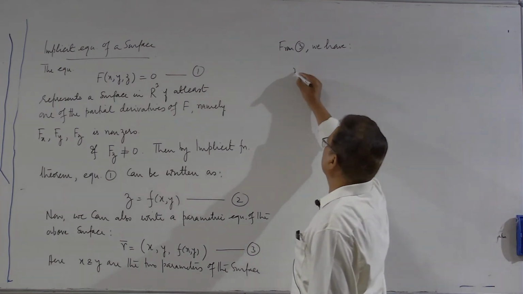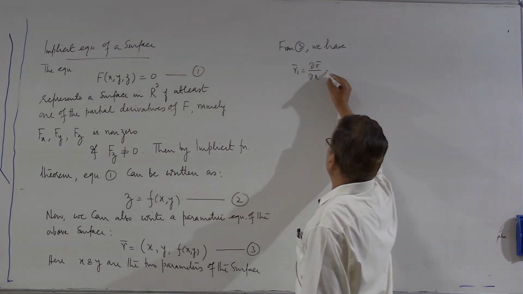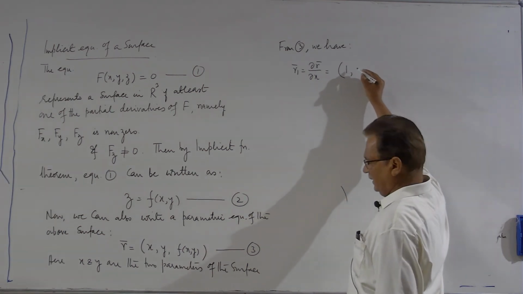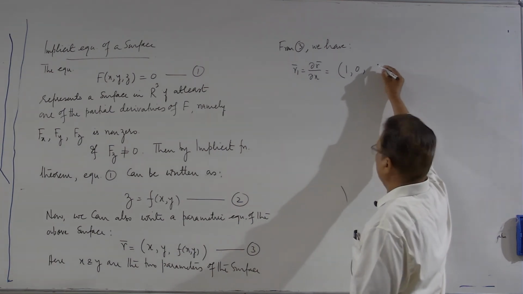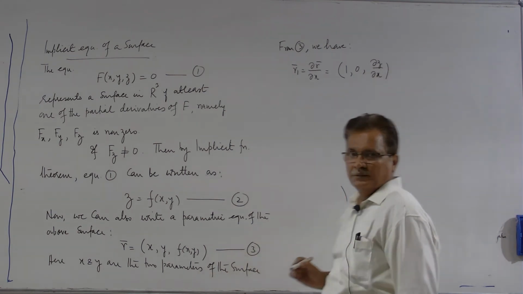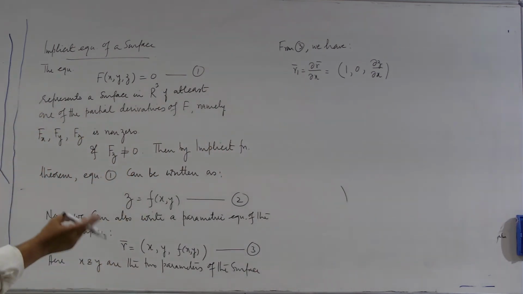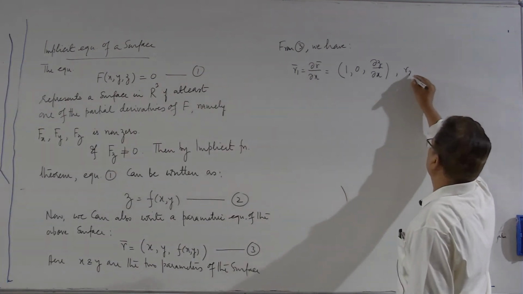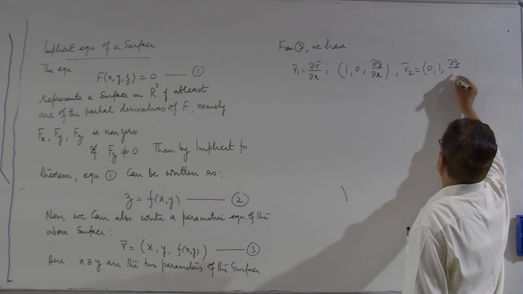So, R1 means del r over del x. So, that will give me del x over del x means 1, del y over del x means 0, del f upon del x means you can call it del z upon del x also. Okay. Because z equal to f of x y. And R2 also I can compute from here. R2 will be equal to 0, 1 and del z over del y.